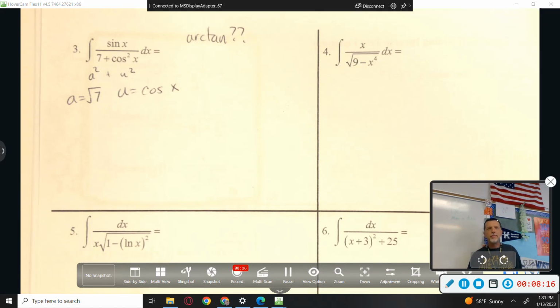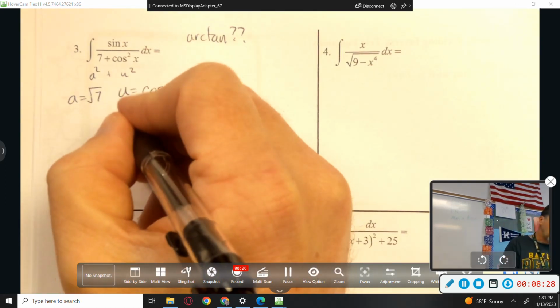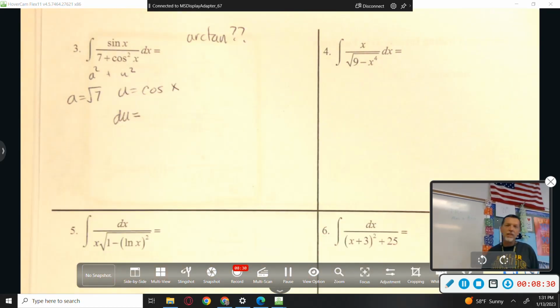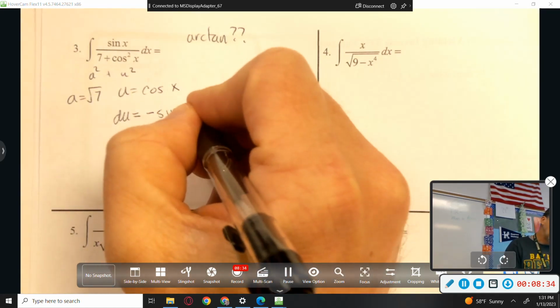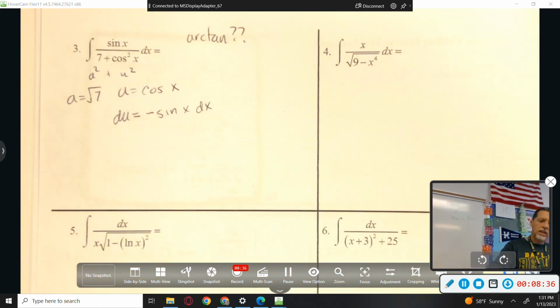Would it just be sine out front? Well, you can't put something out front that has a variable in it. The only thing you can slide out front is constants. Darn it. But we got the u du thing to worry about, or not really worry about. du is negative sine, so we can put a negative on there.